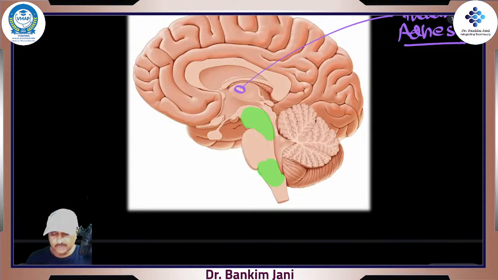Let's see all the things together. This is 3, 4, cranial nerves 3 and 4. They are from the midbrain, right? Nuclei 5, 6, 7, 8 are from the pons. Then all the way 9, 10, 11, 12 are from the medulla oblongata, right? Much easier.